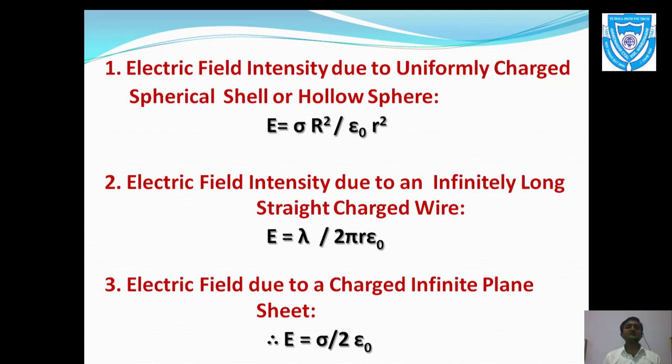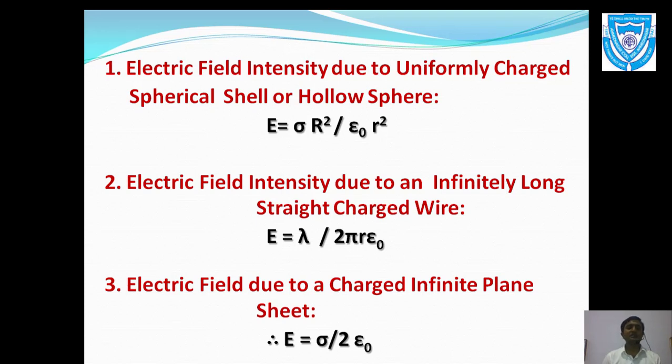Now, what have we seen? We have seen 3 applications of Gauss theorem. The first one is electric field intensity due to a uniformly charged spherical shell or hollow sphere, whose electric field is E is equal to sigma R square upon epsilon naught small r square.